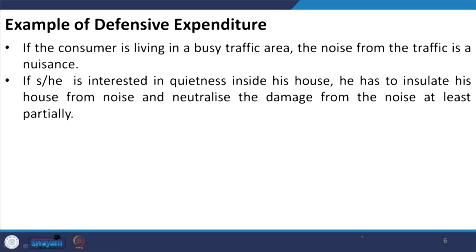Again, it depends to what extent the household can neutralize the damage. It depends upon the cost of the equipment he or she is purchasing, and in the market there are different qualities, whether 100% neutralization of this damage is guaranteed or partial neutralization is guaranteed.